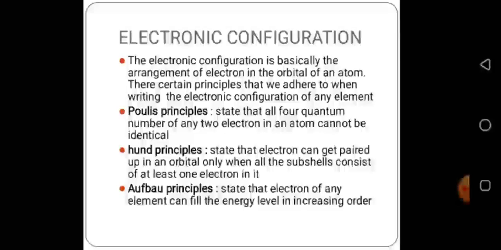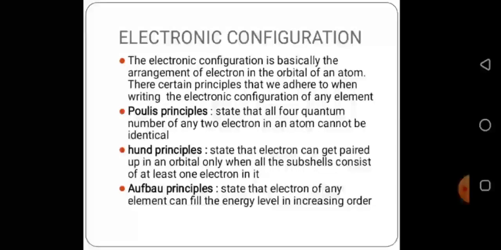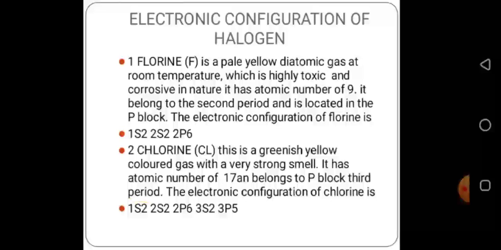What he means here is that electrons must fill the 1s orbital before going into the 2s orbital, 2p orbital, 3s orbital, and the rest. So that is what Aufbau is trying to let us understand.